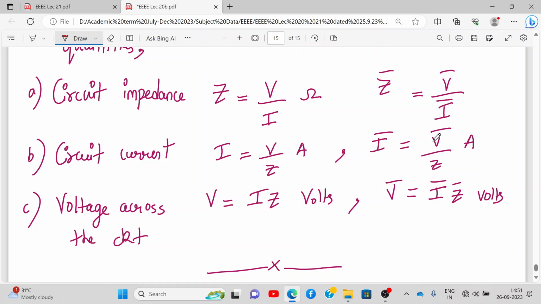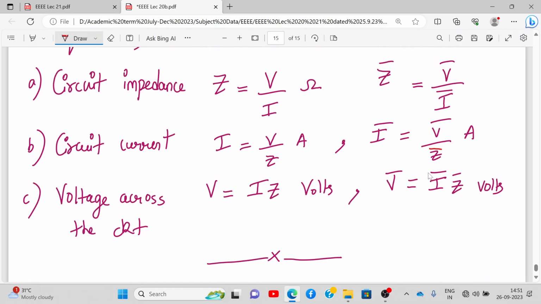So I bar will be V bar upon Z bar. You can divide two vectors whenever they are in polar form. And the total voltage across the circuit is I into Z. Again, we can multiply them in the polar form. So these are all the clues which you should know while solving any numerical.